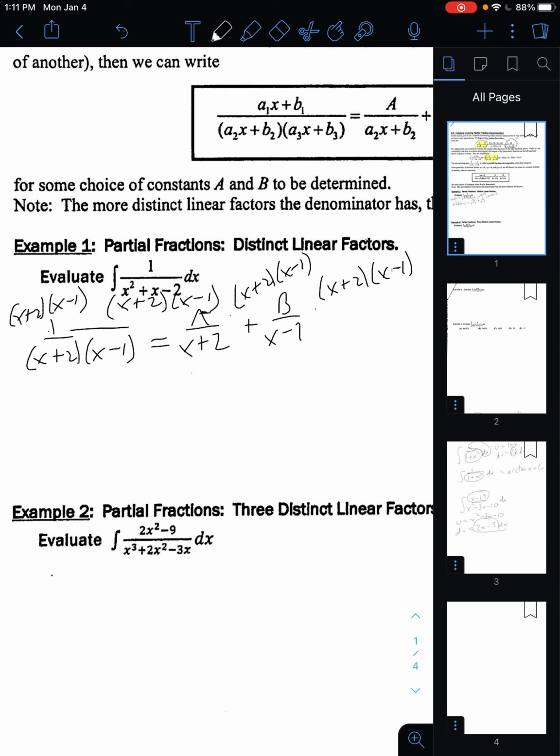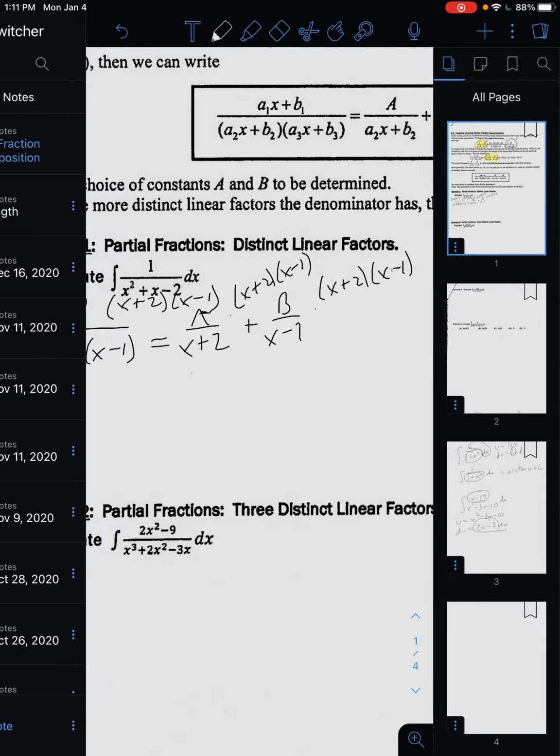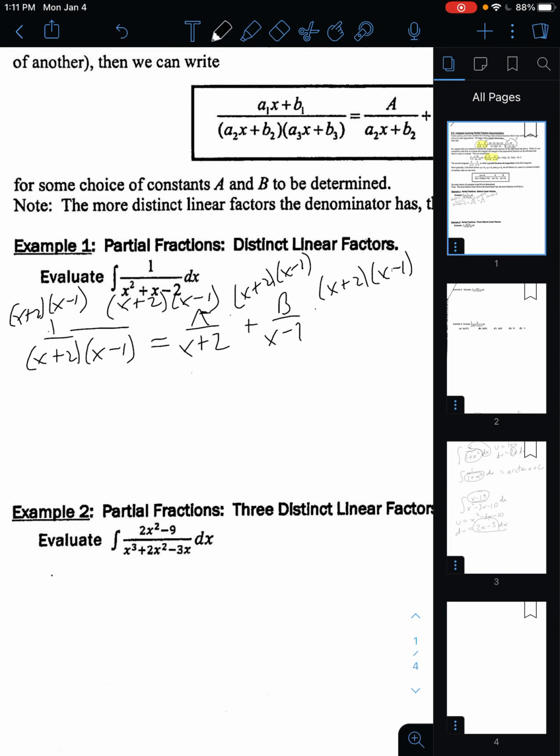And now I clear out whatever I can. So on the first fraction, both factors cancel out. And all I have is a 1. On the right side, the x plus 2's cancel. And so all I have left is a times x minus 1. And then the second fraction, the x minus 1's cancel.